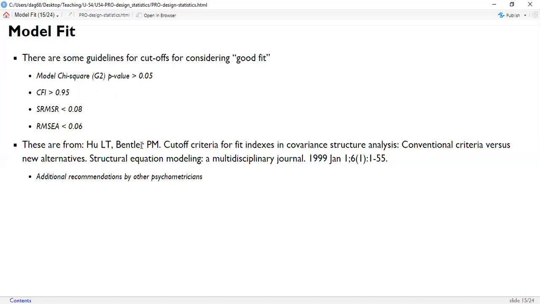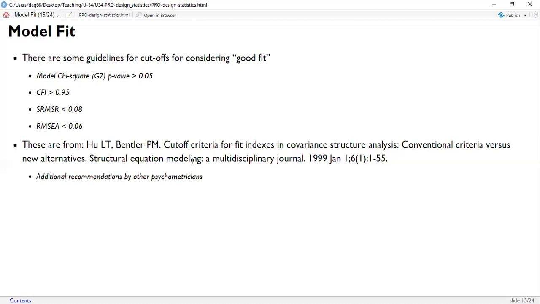And so a lot of more recent research by psychometricians have either revised these or come up with new cutoffs, but I'm going to show these ones because they're very commonly used, and regardless of what the cutoff values are, the pitfall I'm going to show you still holds.